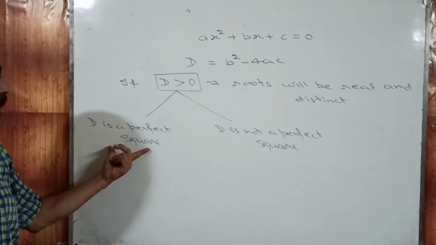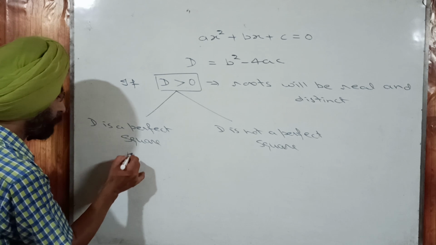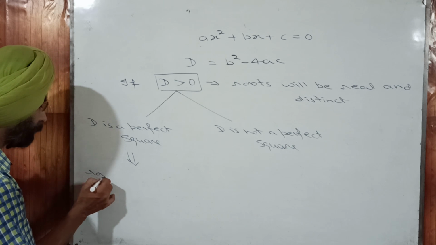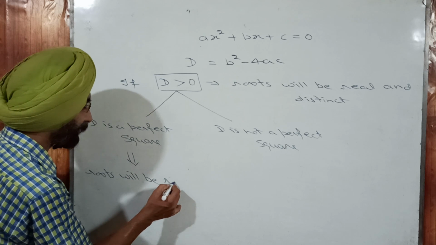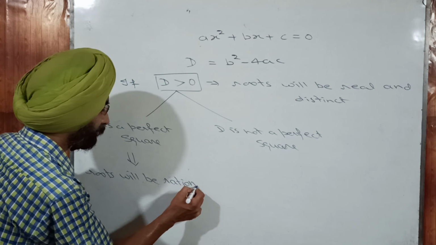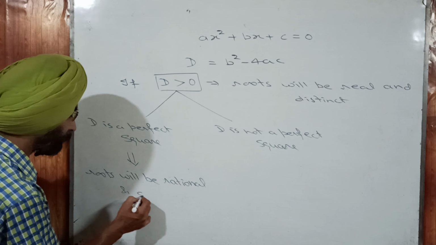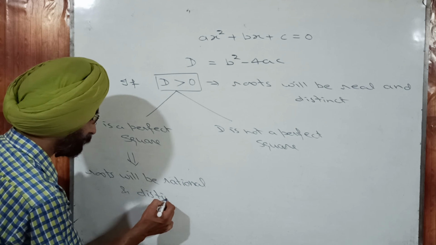In the first case, when D is a perfect square, here roots will be rational and distinct.